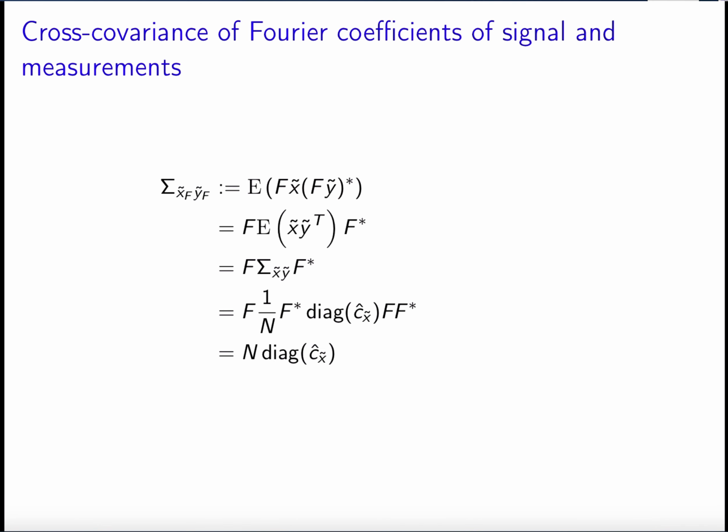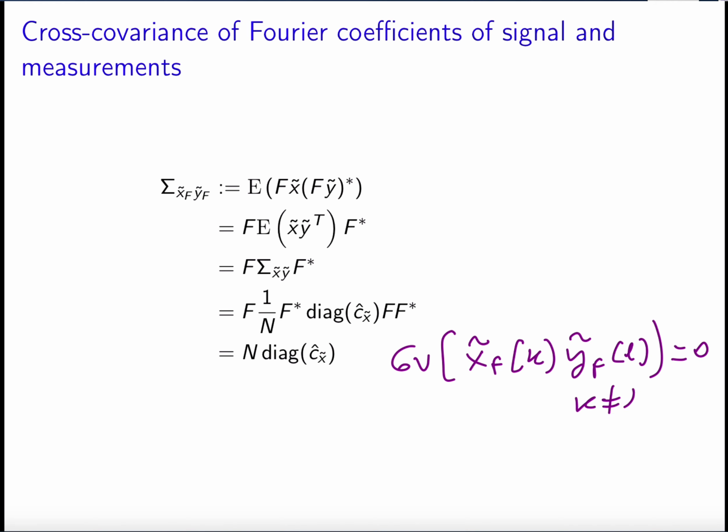And now, this is pretty cool again, under this joint stationary condition, what we find is that the covariance between the kth DFT coefficient of X and the lth DFT coefficient of Y is 0 if k is different to l.